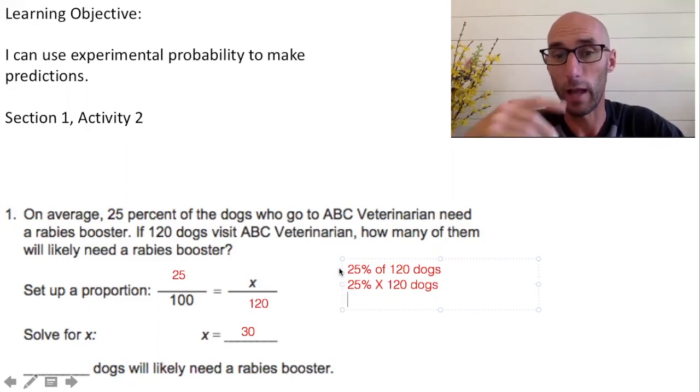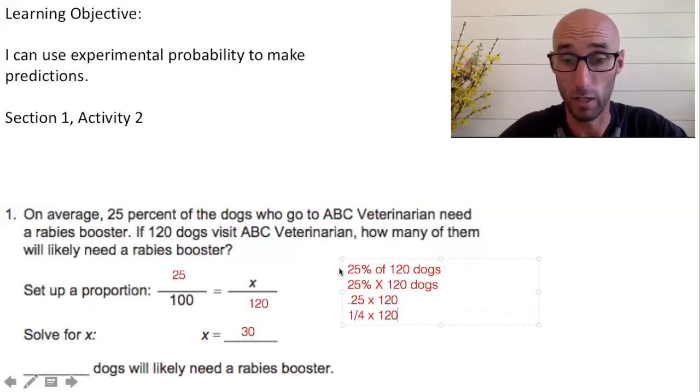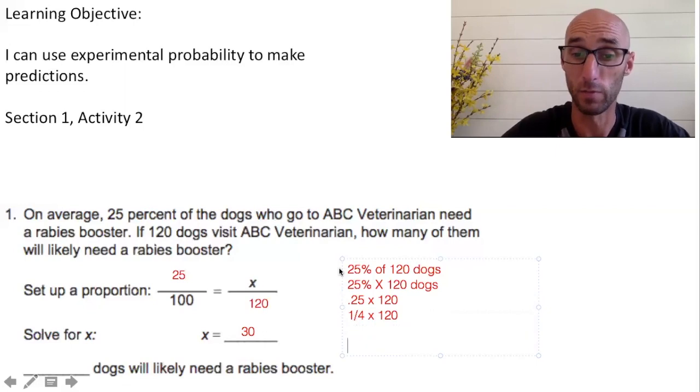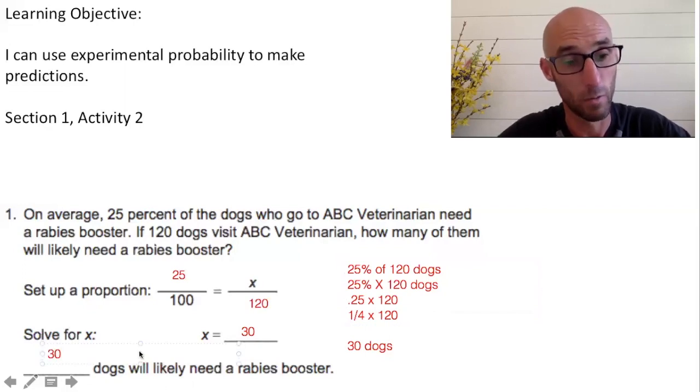And when we multiply fractions, we could say that's really 0.25 times 120, or 1/4 times 120, and both of these equal 30 dogs. So we end up with 30 dogs are likely to need a rabies booster.